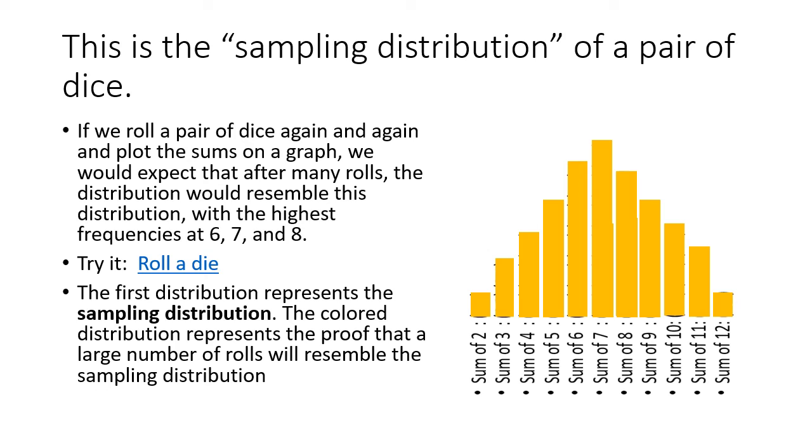It won't probably be this perfect. It'll probably be different from this slightly. But the more rolls you do, the more likely your distribution will closely resemble the distribution behind it. So the first distribution is the sampling distribution, what we expect to see. And the second is maybe what you get after rolling a large number of pairs of dice.